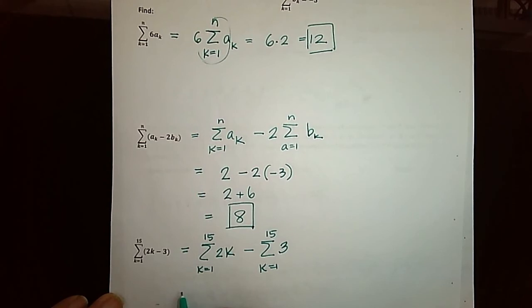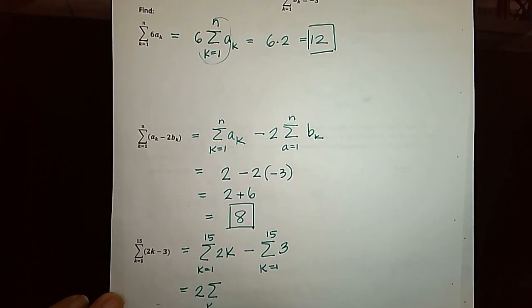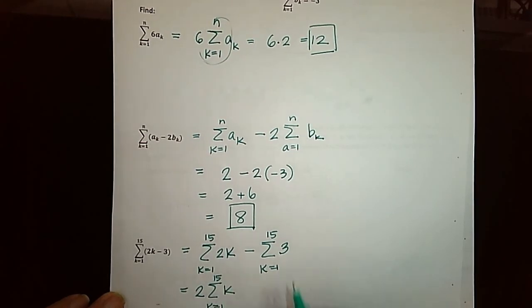Okay, this one I can pull the 2 out front, and I'm going to have the summation k is going from 1 to 15 of k, and this one becomes minus. Remember, since it would be 15 threes, I can just do 15 times 3.